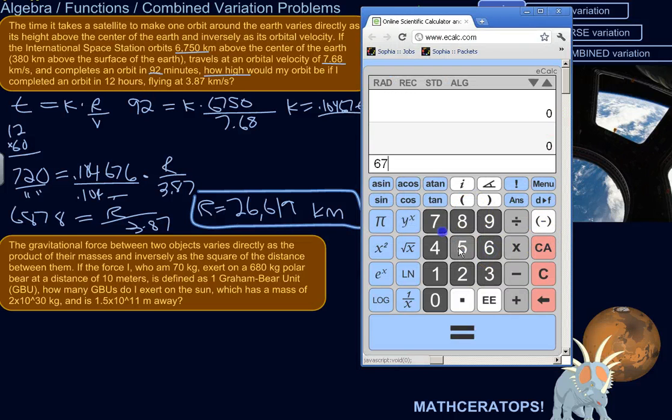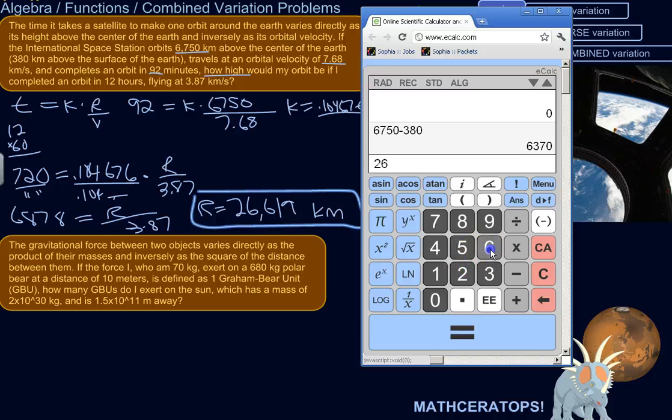So the space station was orbiting 6,750 kilometers above the center of the Earth, which is 380 kilometers above the surface of the Earth. So minus 380. So the distance from the center of the Earth to the surface of the Earth is, on average, about 6,370 kilometers.